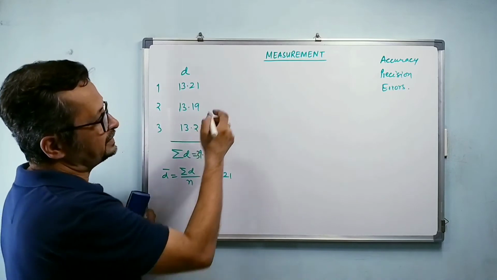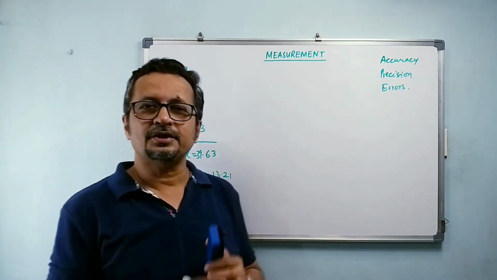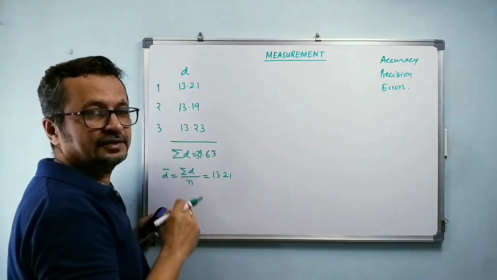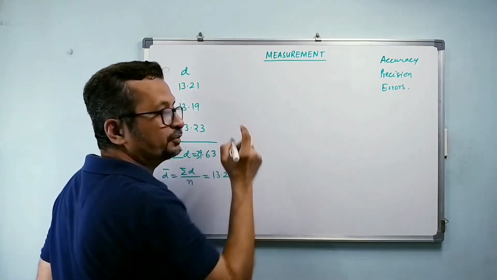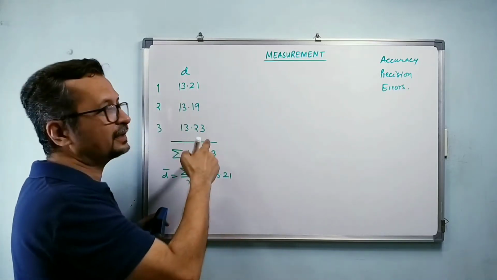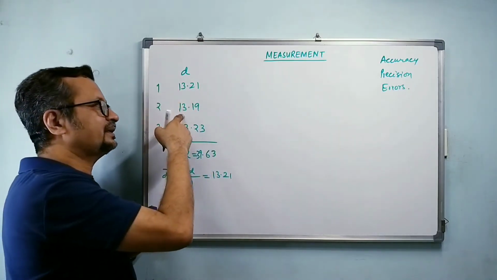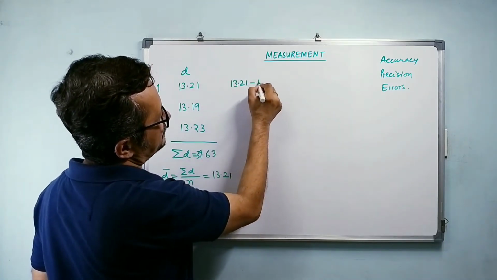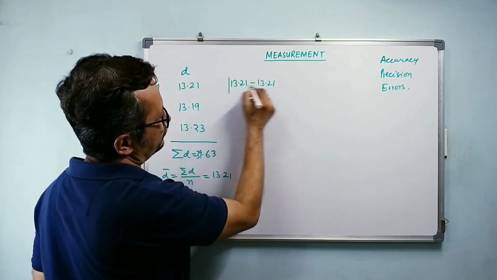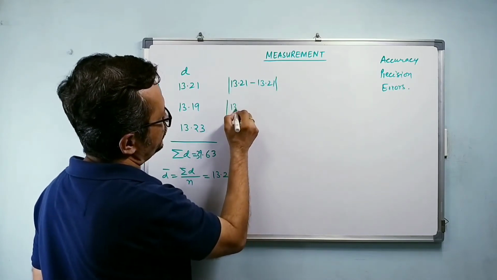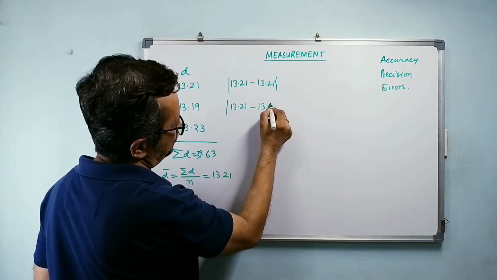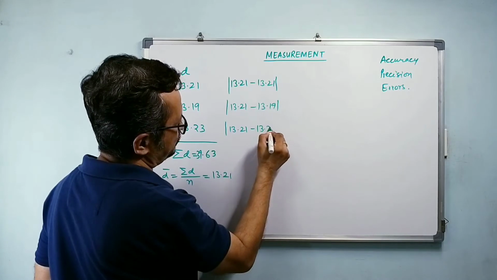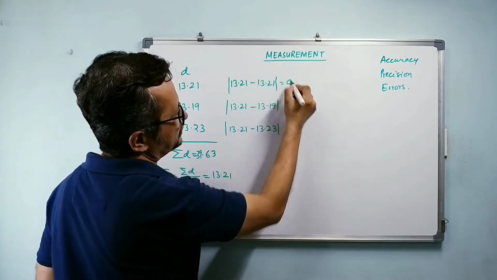Correct. Then the difference between the true value or the mean value and my individual reading would be my absolute error in the first measurement, the second and the third one. So 13.21 minus 13.21, mod of that. Then 13.21 minus 13.19, 13.21 minus 13.23. So the first one is going to be 0.